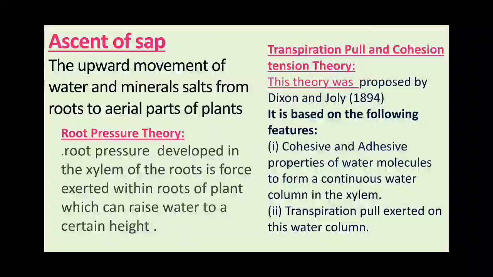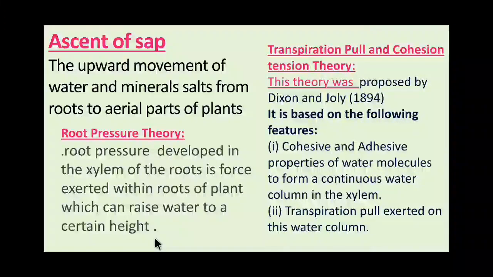Means there are two methods. One is root pressure theory and the other one is transpiration pull and cohesion tension theory or cohesion tension theory. Now, according to root pressure theory, root pressure developed in the xylem of the root is force exerted within roots of the plant which can raise water to a certain height.